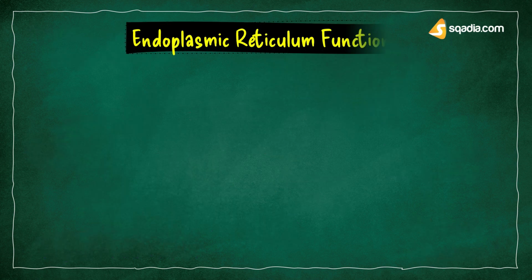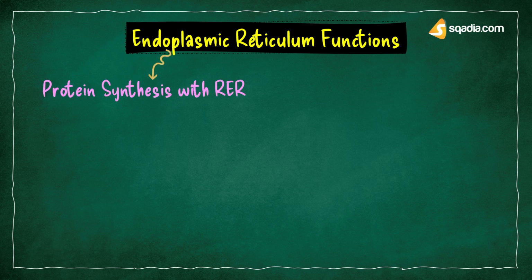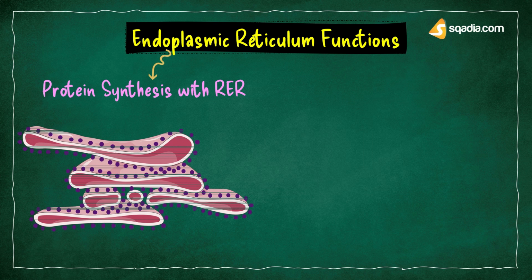First, however, let us note the specific products that are synthesized in specific portions of the endoplasmic reticulum and Golgi apparatus. First, protein synthesis occurs by the rough endoplasmic reticulum. The rough endoplasmic reticulum is characterized by large numbers of ribosomes attached to the outer surfaces of the endoplasmic reticulum membrane.